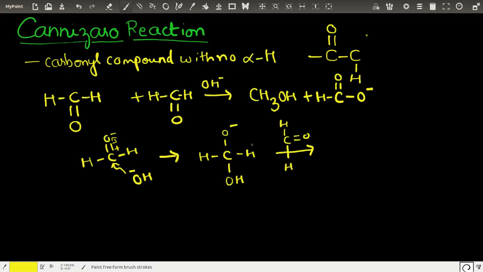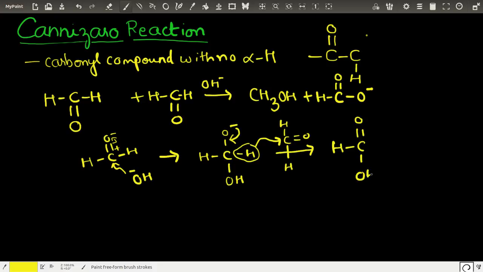So what is going to happen is something interesting. This hydride will migrate from this molecule onto this molecule, right? What is going to happen? The carbon retains its 4 valencies again, and if you see the previous one, this molecule actually becomes a carboxylic acid, right?